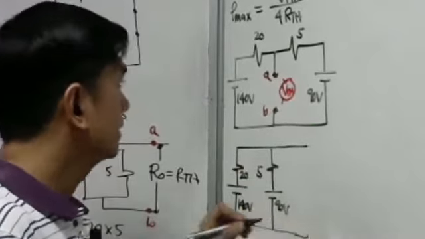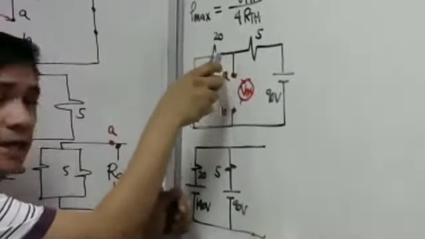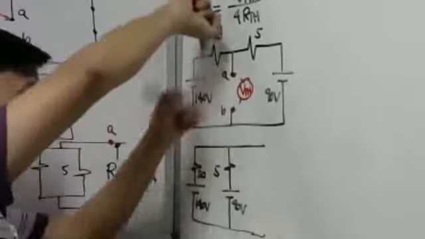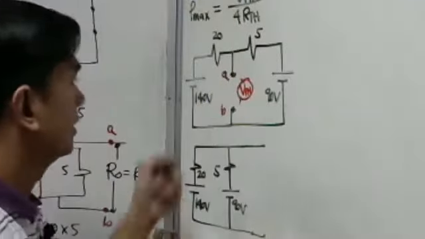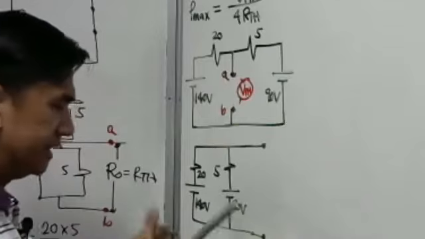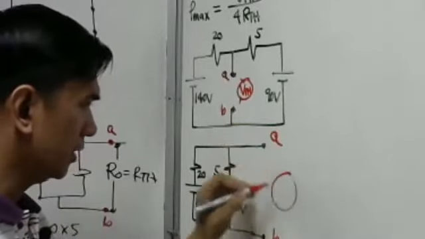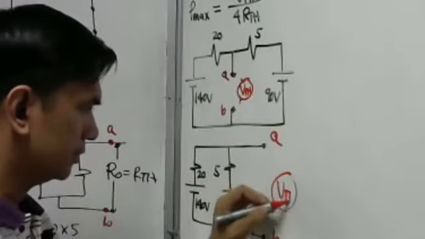Then, let us stretch this, A and B, and bring it out like that. This is our terminals A and B. This is where you are going to put our VTH here.